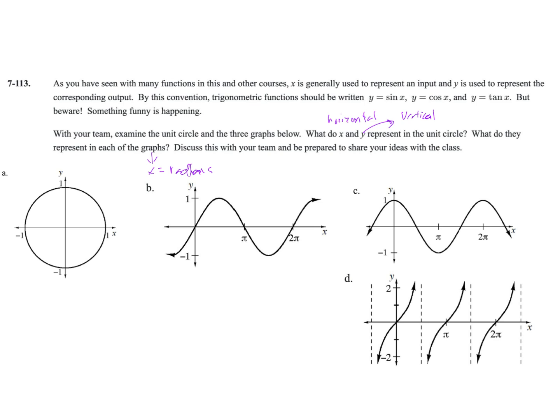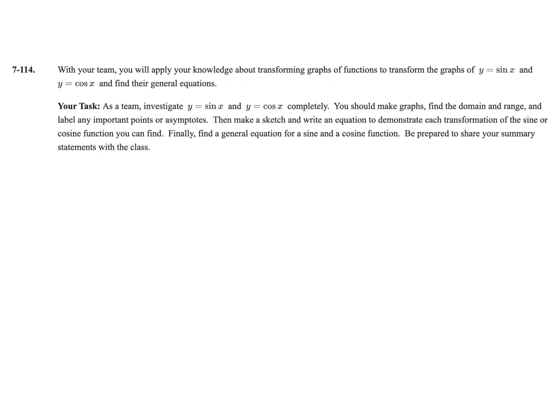Okay, so in problem 7-14, we're just going to investigate what we know about transformations of graphs to transform y equals sine of x and y equals cosine of x, and get that general equation. In CPM, they've talked about this idea of parent functions. Lots of these ideas are going to hold weight when we look at sine and cosine graphs, and we'll get that general form.